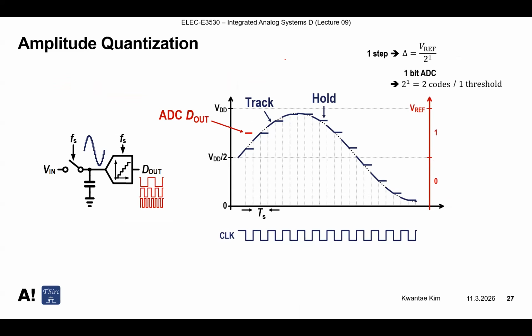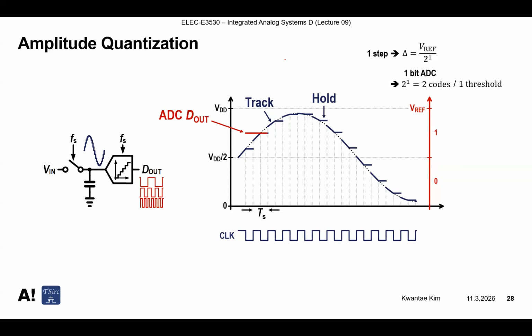Let's suppose that we are examining only a 1-bit ADC, then we set the threshold here at half the reference. Then the ADC output will definitely be this one. This upper part must be equal to 1 because it is over the threshold. So this is the ADC D out that goes to 1.